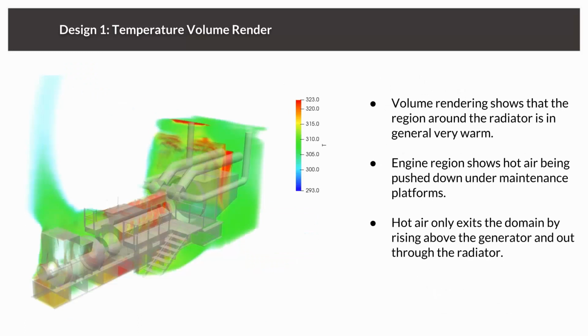Let's take a little closer look at the rendering of the high temperature values. This shows the temperature above 303 Kelvin, which was the limit that we put ourselves. So basically all the room around the engine is above the required temperature, and hot air is being pushed downwards around the engine. It's not the way that we want to take it out towards the inlet.